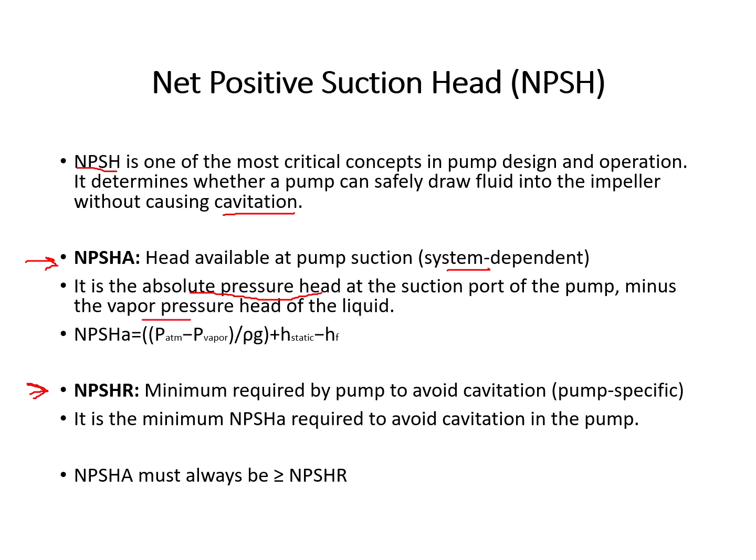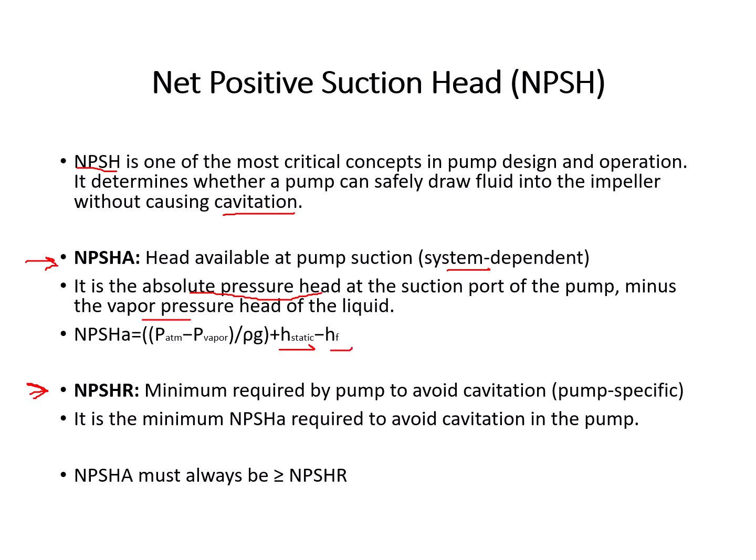Anyhow, the net positive suction head available, as we said, depends on the system design. It is P atmospheric minus P vapor of the fluid, over rho g, density and gravity, plus H static, which is the static suction head and can be positive if the pump is above the tank, and negative if it is below, minus HF.